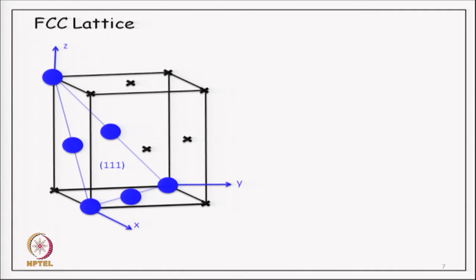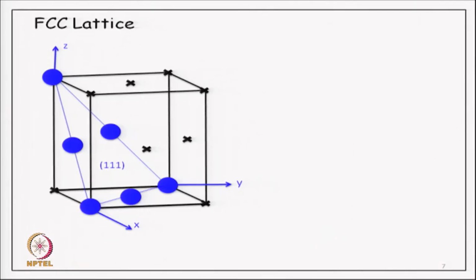Notice that the 1-1-1 plane will extend in the crystal structure. So, what we are seeing here in the form of this triangle is the intersection of the 1-1-1 plane with the unit cell. Also notice that this triangle, although not obvious in this perspective diagram, is an equilateral triangle, because all sides of this triangle are face diagonals of the cube, and all face diagonals will be equal.